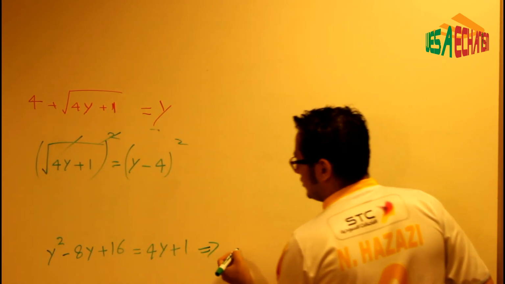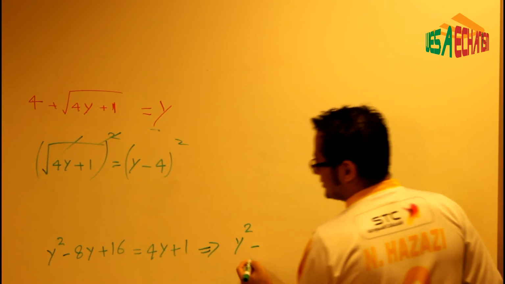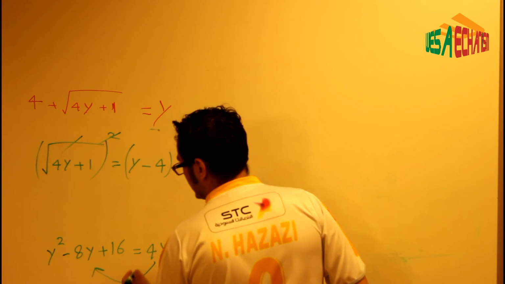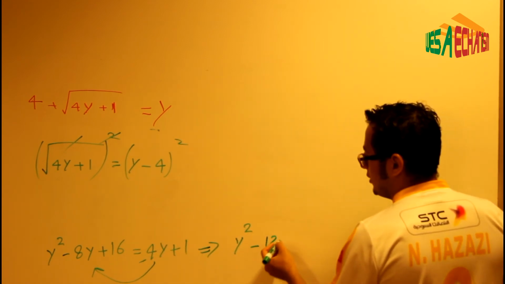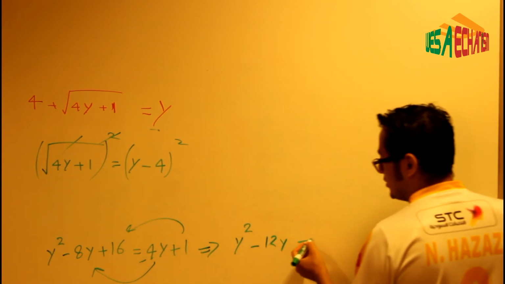Which is equal to y squared minus 8y, but if this goes to the other side, this is going to be negative, so it's going to be minus 12y, and this is negative, so it's going to be minus 15.